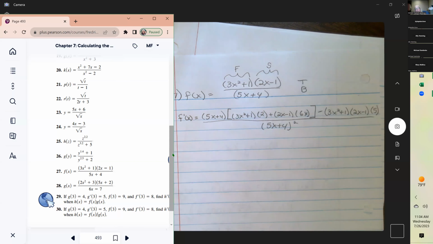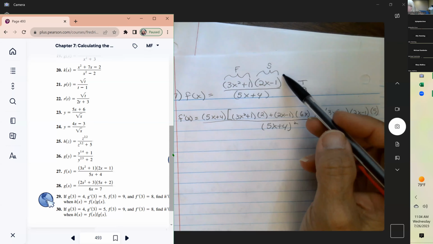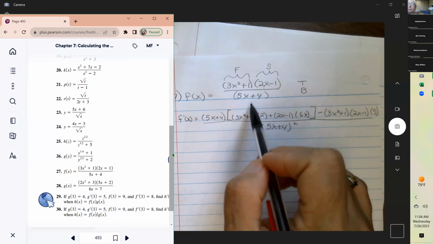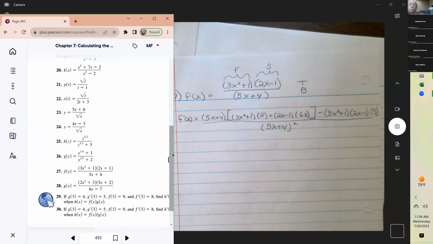So there are cases where you need to find both or combine things. Now you could, since we don't have certain rules like the chain rule where there's an exponent, you could FOIL this first and then you just have a quotient rule.